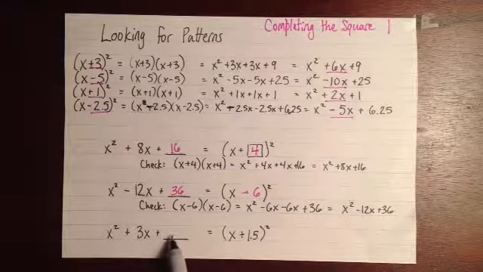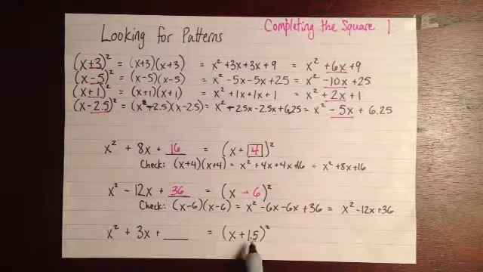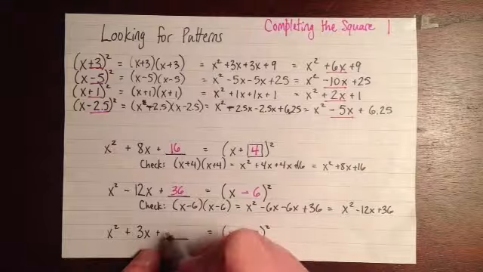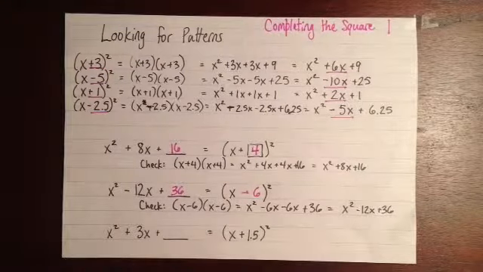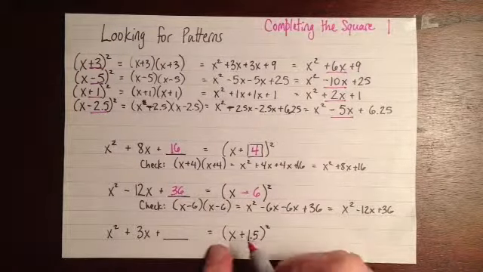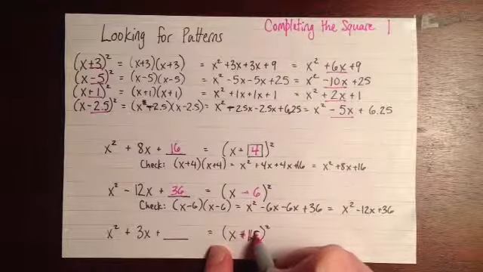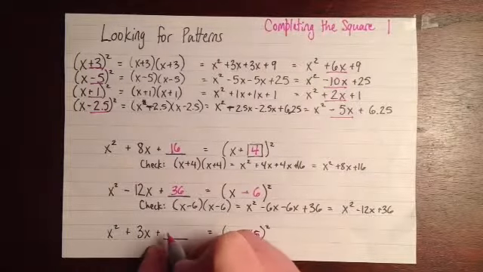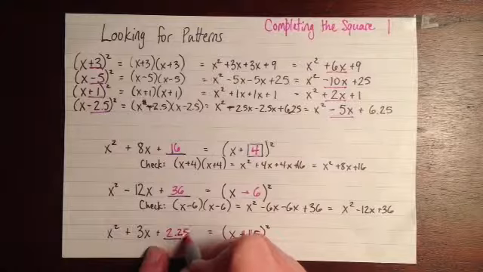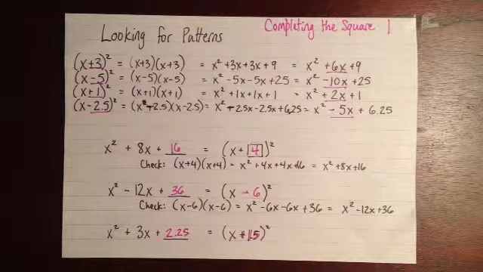And then to get this number, I square that. So 1.5 times 1.5, plus 1.5, and then 1.5 squared is 2.25, 2 1/4.